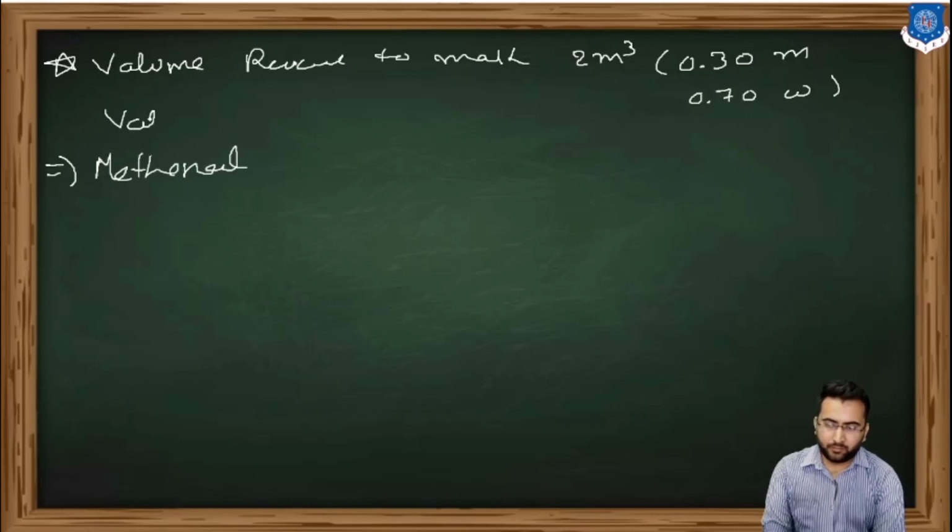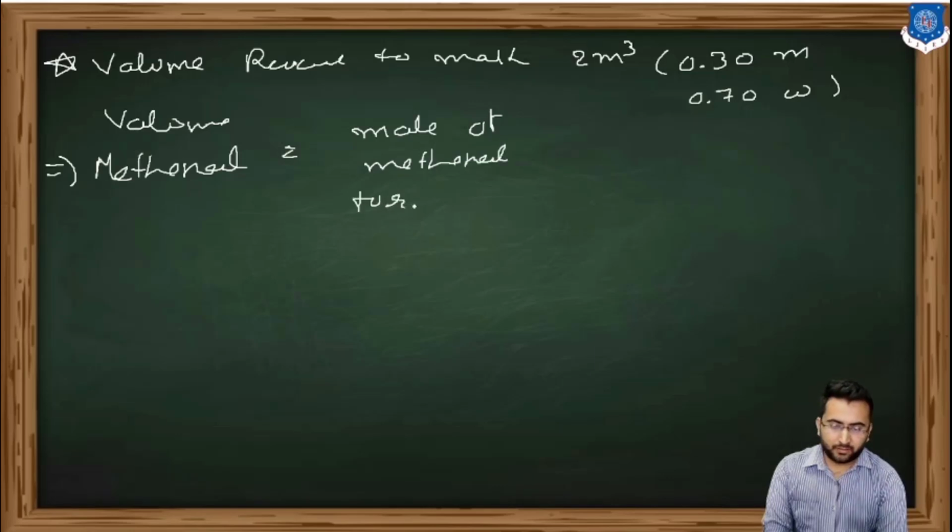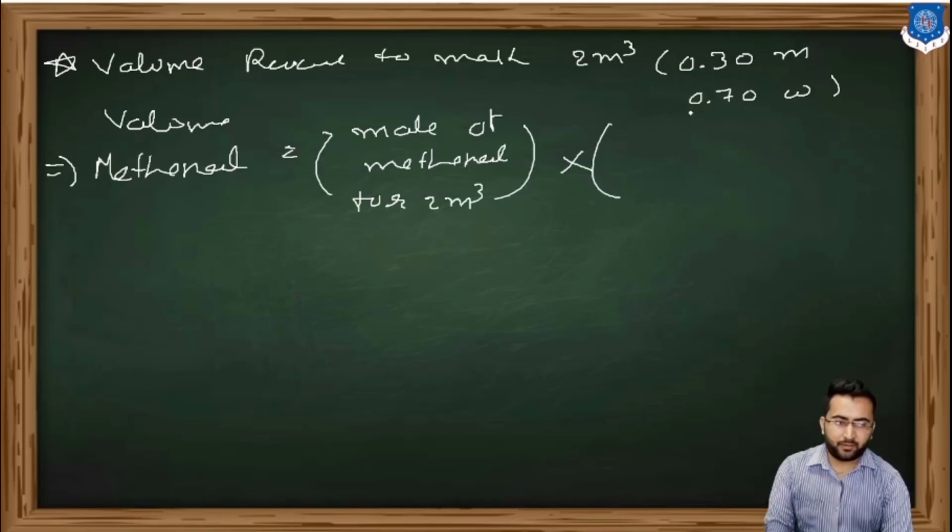So the volume required for methanol to make this type of solution is equal to the mole of methanol for making 2 meter cube solution, which we already found, multiplied by the molar volume of methanol.